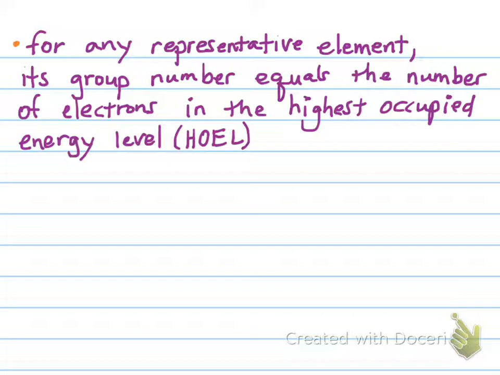Group 5A has 5 electrons in its highest occupied energy level. Group 6A has 6 electrons in its highest occupied energy level. Group 7A has 7 electrons in its highest occupied energy level. And Group 8A has 8 electrons in its highest occupied energy level. Group 8A, remember, are our noble gases that we talked about yesterday.